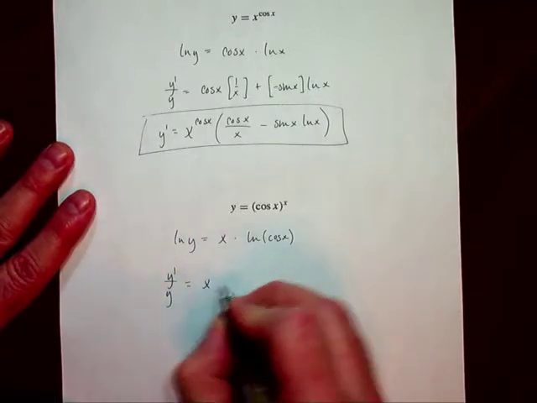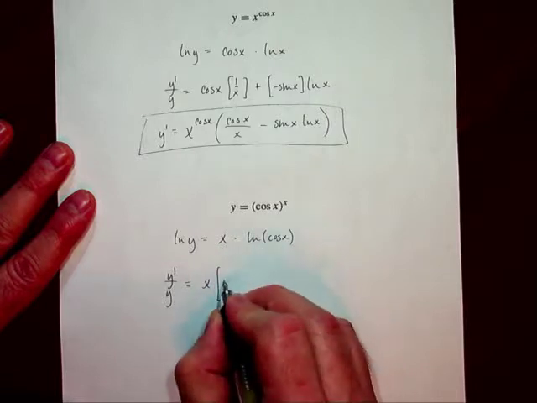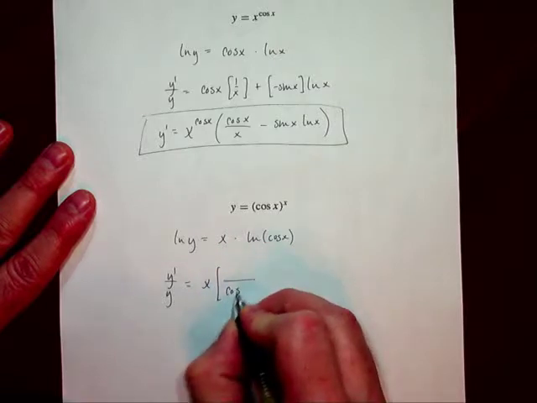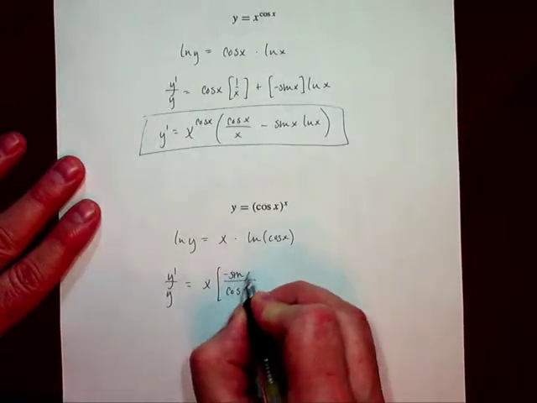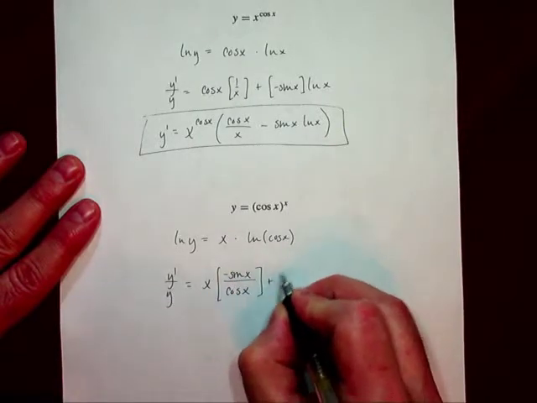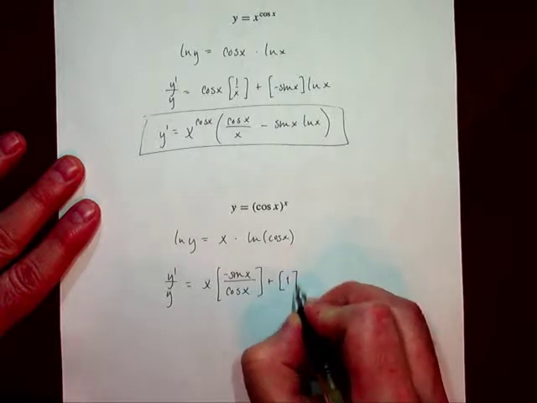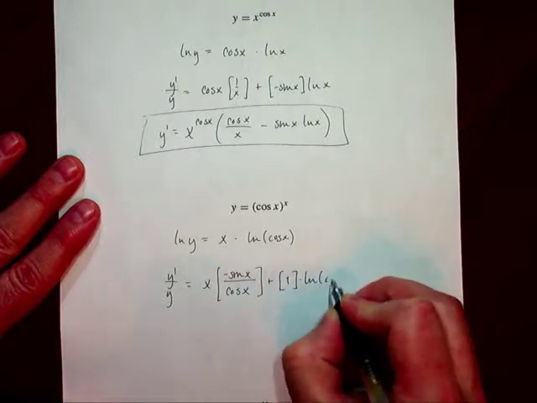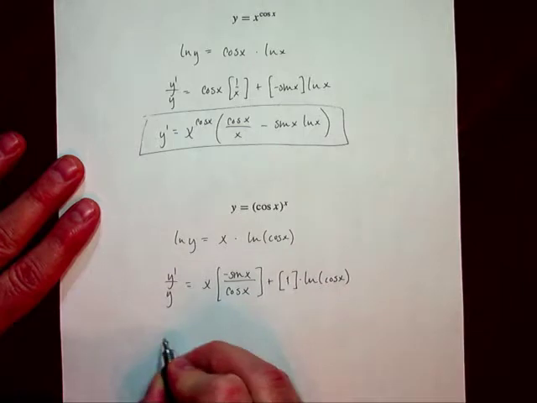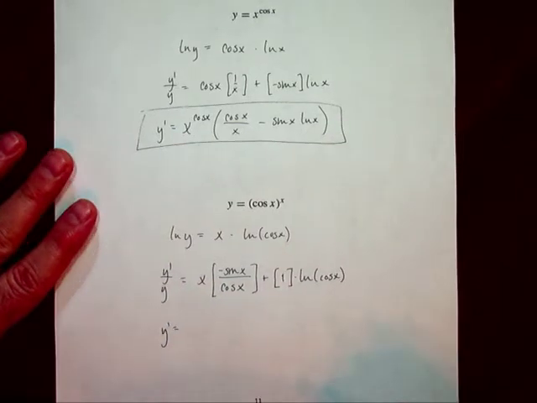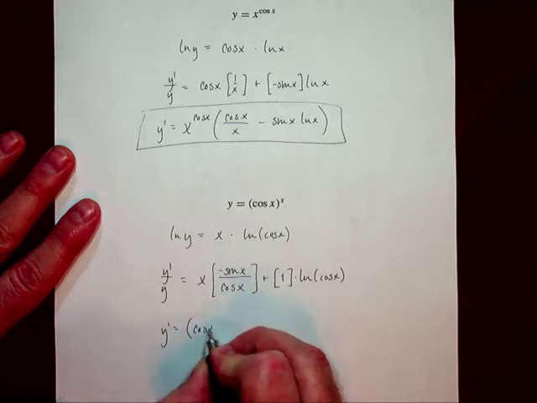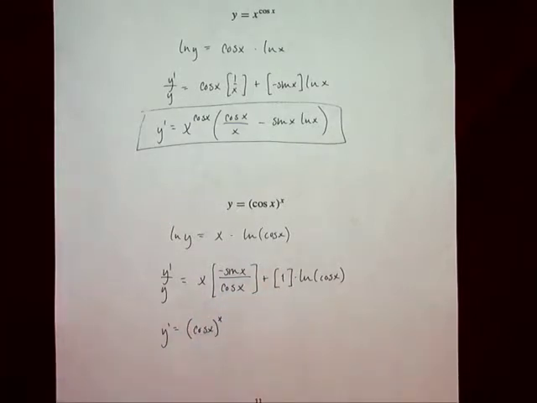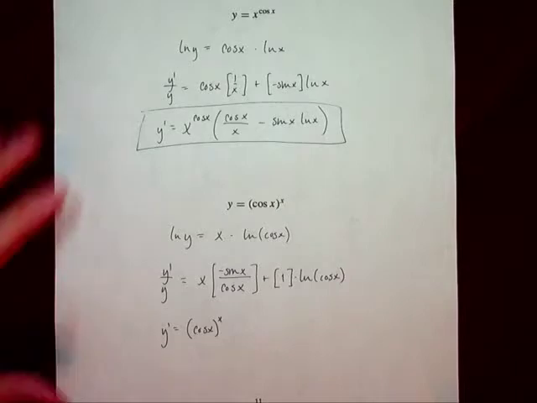We'll have the first times the derivative of the second, so we'll plop that argument down here in the denominator, putting its derivative in the numerator. And then the derivative of the first times the second. And to round it all out, we will multiply both sides by y, which of course is cosine x, all raised to the x power.